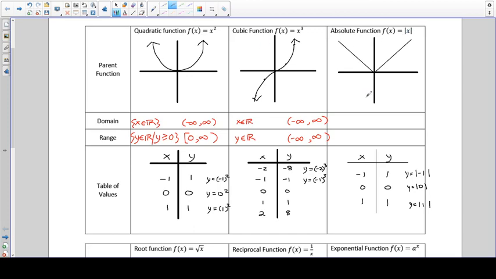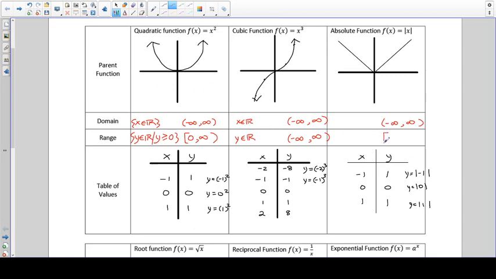Okay, so let's create the domain. You can see that we have no limitation going to the left and no limitation going to the right. So you have negative infinity, positive infinity. And in terms of the range, again, we can keep going up, but we have to stop at 0. We cannot keep going down. So it is going to be exactly like the range over here.